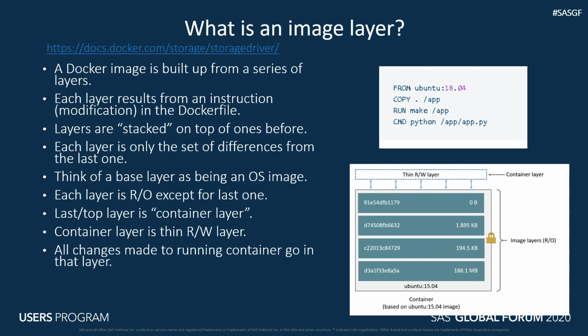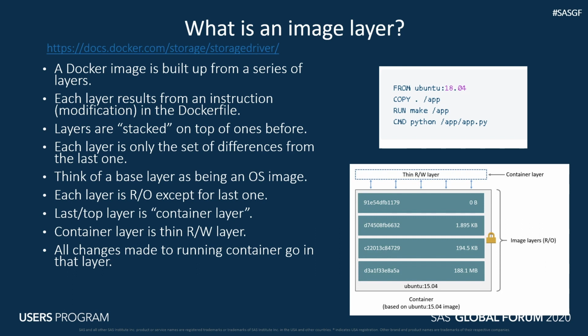The second command is simply copying some local content into this image, then running a command to create some other content, and then a command to run this Python piece. So each instruction in a Dockerfile will end up creating a layer in our image.